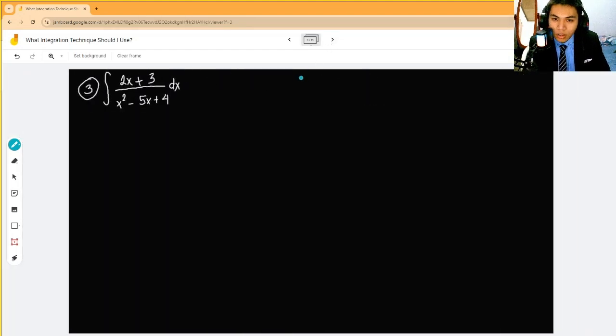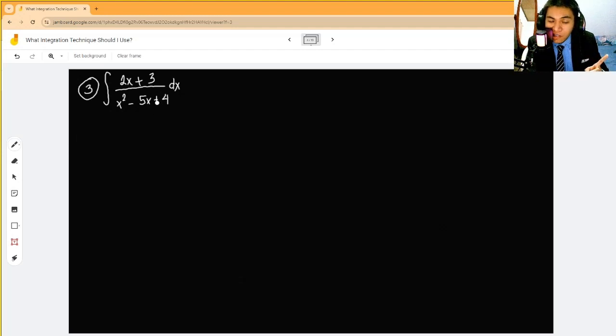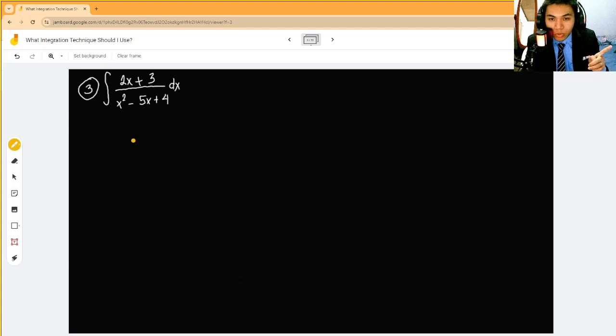Okay, now for this one, we can try completing the square. We have tackled that, but it's going to be kind of tedious since the numerator is not really to our liking. So this is another concept that we can use in evaluating integrals, and that is partial fractions.